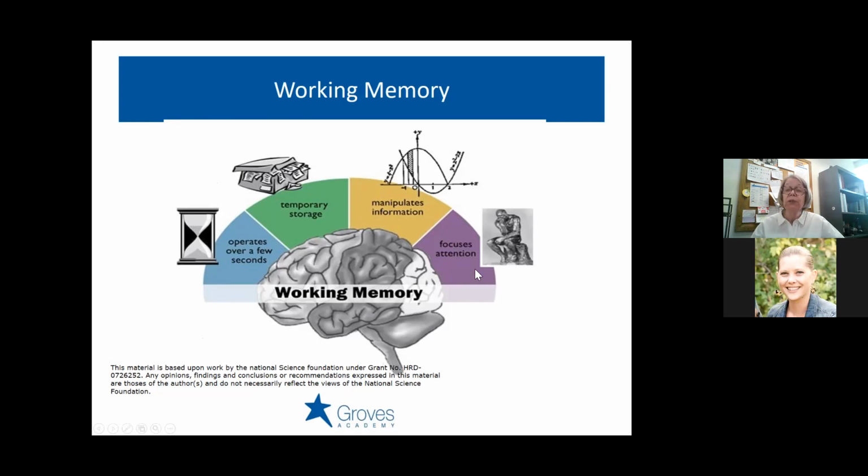It focuses your attention so you can manipulate the information that you need to between the new challenge and the skills you need to pull on in order to do it. Working memory is, one way to think of it, really the problem solving part of the brain, and is very important to learning.